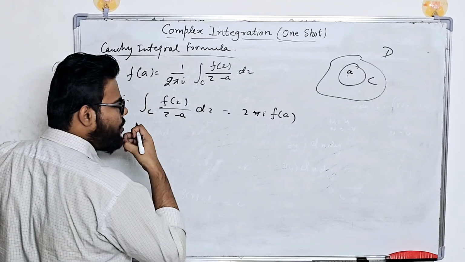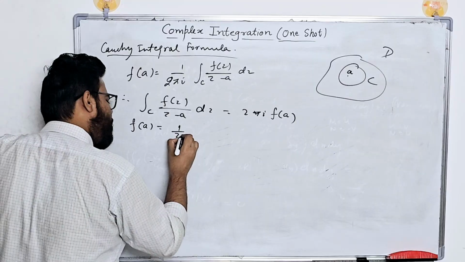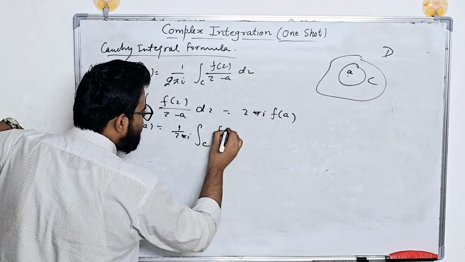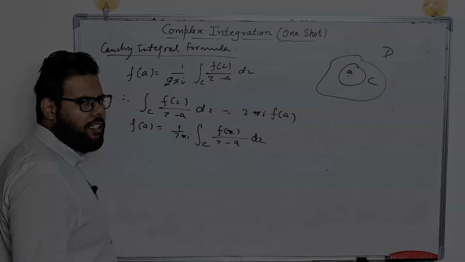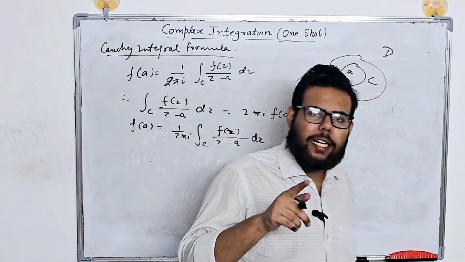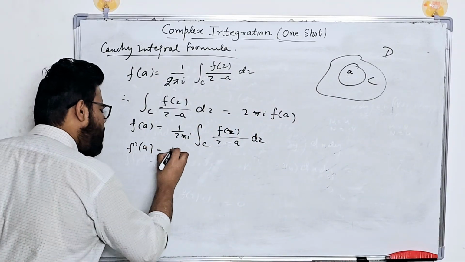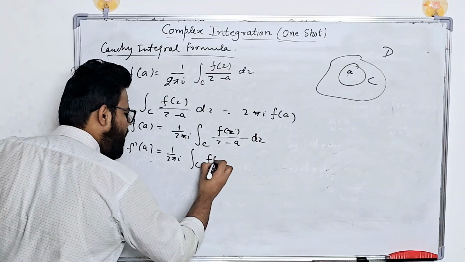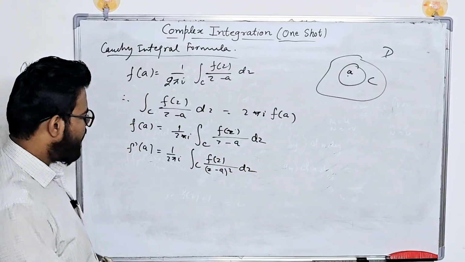Now first of all we all know that f of a is 1 upon 2 pi iota times the contour integral of f of z over z minus a dz, right? Now let's differentiate it with respect to a. f dash of a is equal to 1 upon 2 pi iota times the integral over C of f of z over (z minus a) whole square dz, correct?